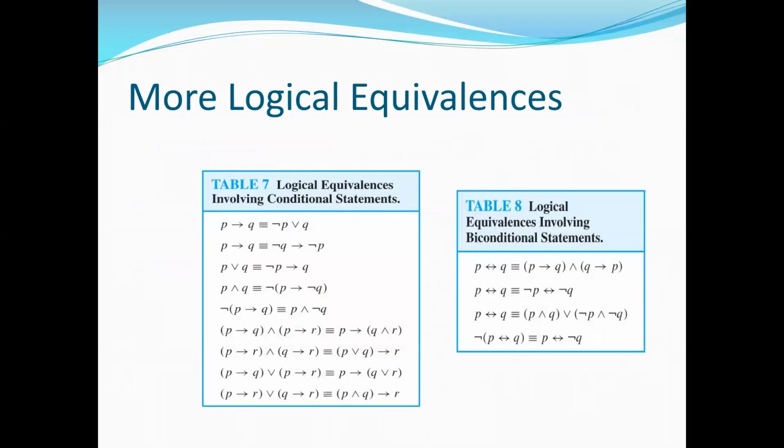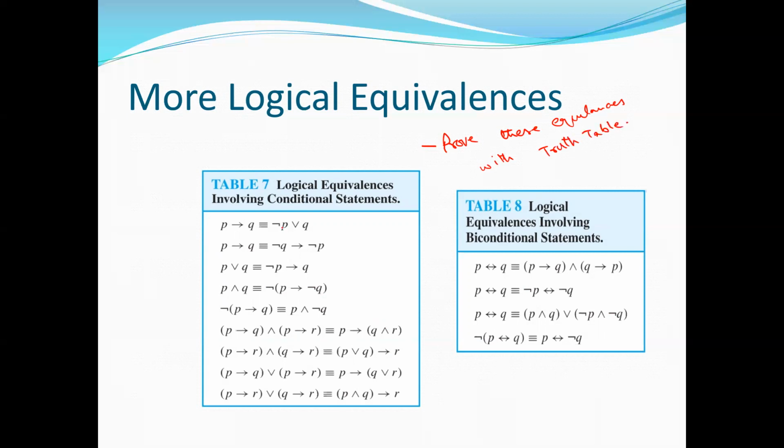Okay. So there are some more logical equivalences. For example, this one, P implies Q, is equivalent to this one. We have already discussed many of them, but what you have to do is mark it as your homework. You need to prove these equivalences with a truth table.